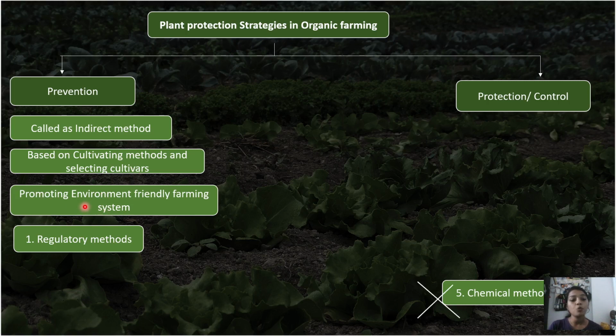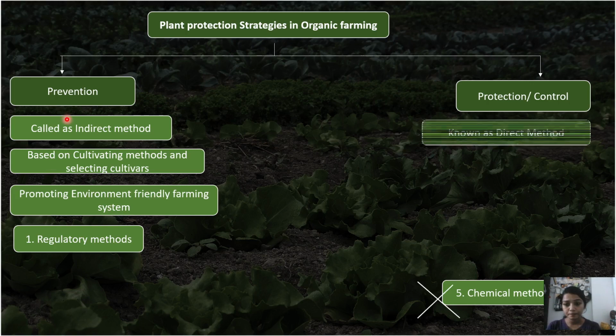This is promoting an environment friendly farming system. Prevention is all about methods that are environmentally friendly, that help in keeping your farm safe from diseases without using any kind of chemicals.